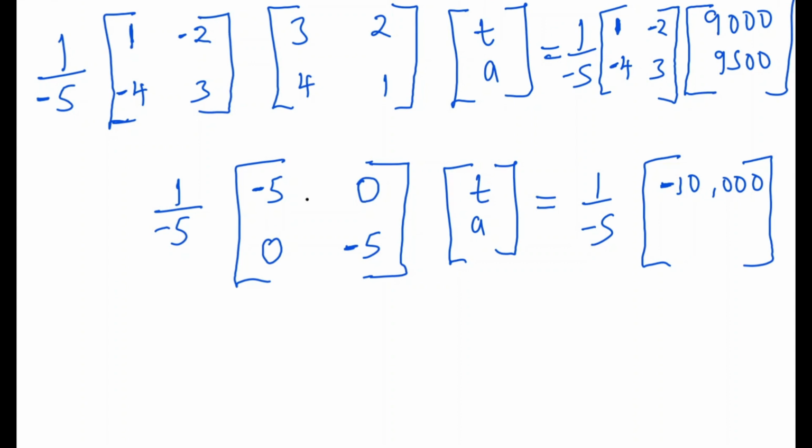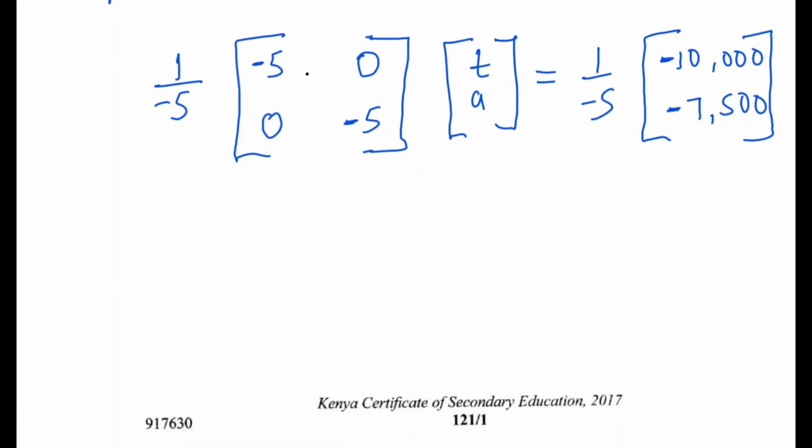Okay, negative 4 times 9,000 is negative 36,000 plus 3 times 9,500 is 28,500. When we take negative 36,000 plus 28,500, we shall be left with negative 7,500. Negative 7,500.